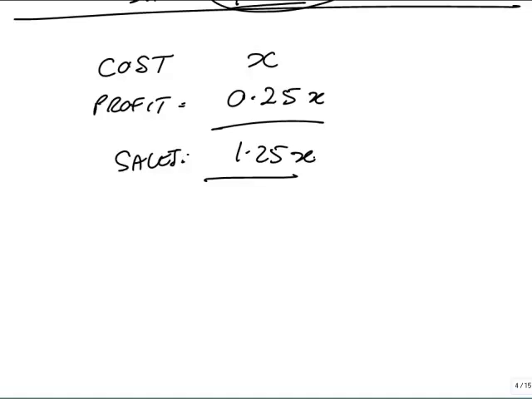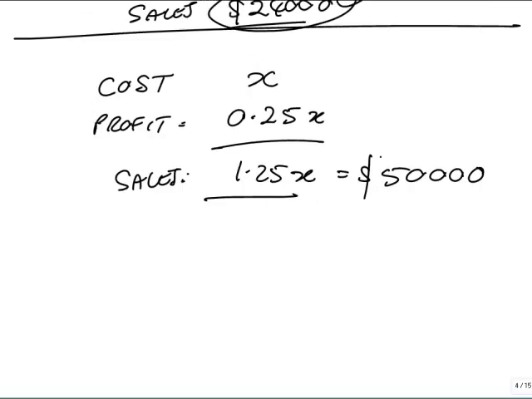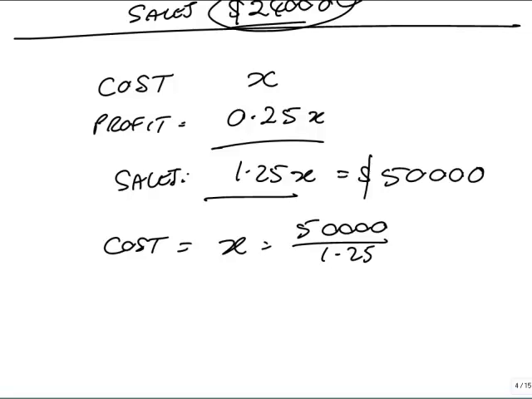Everybody? Well, of course, we know what the sales are. They're 50,000. And so now, it's easy algebra. X, the cost, is 50,000 divided by 1.25. Is it 40,000, please? Yeah. 40,000.